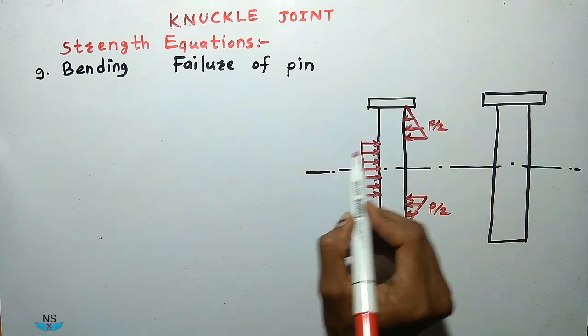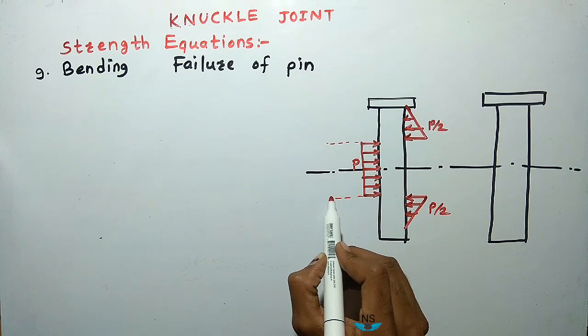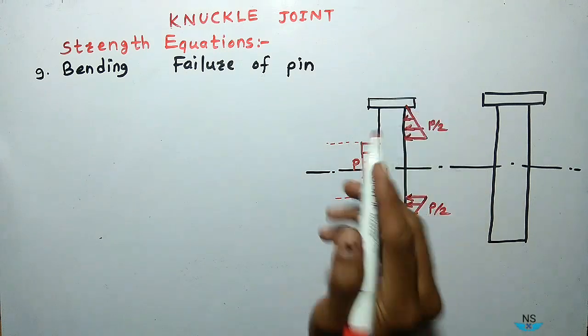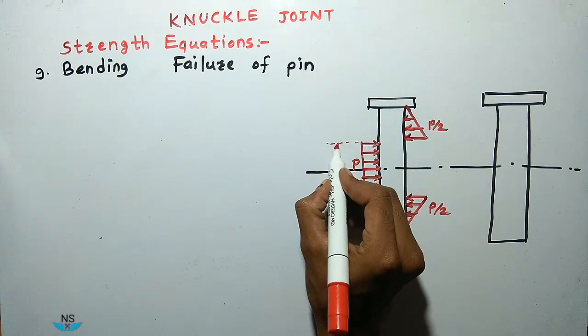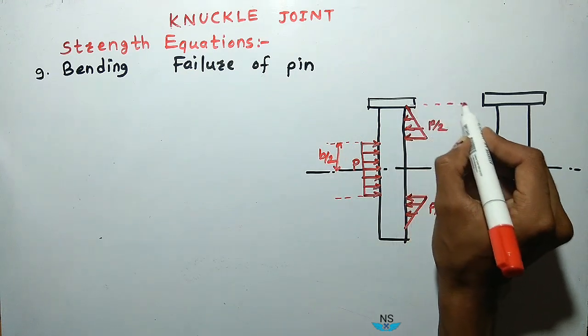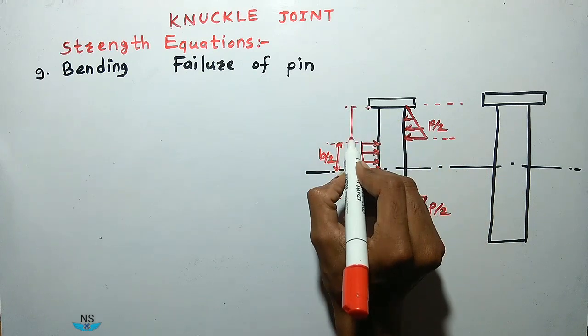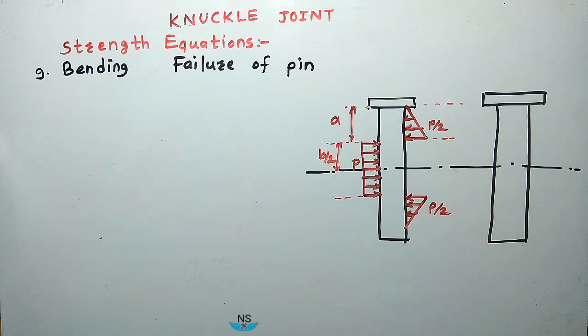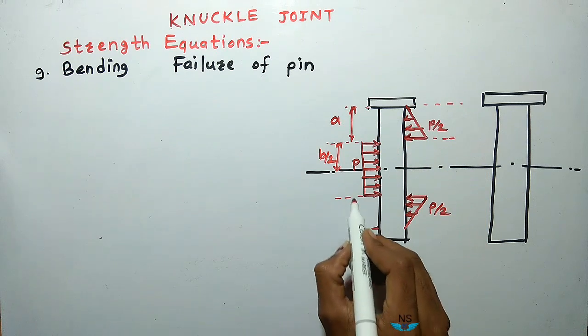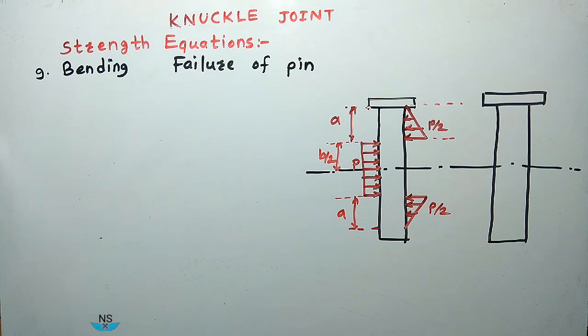Now what is this? This dimension is b, this is total b, so this is b by 2. Now this is a, this is also a, and this is b. Now this is b by 2.